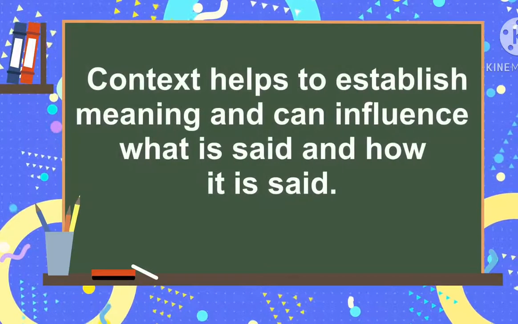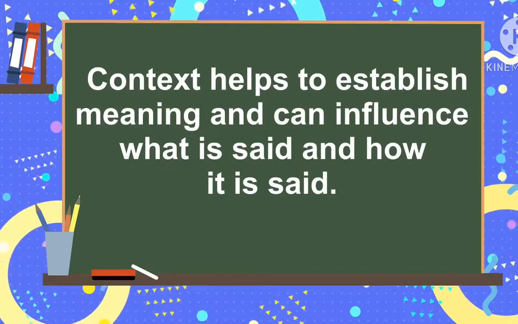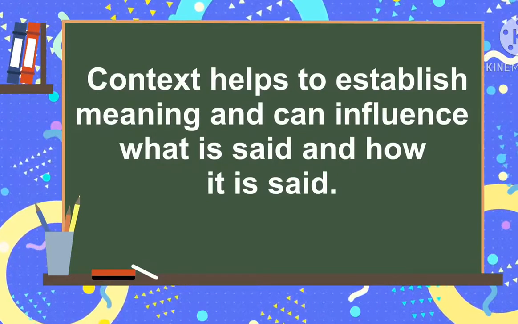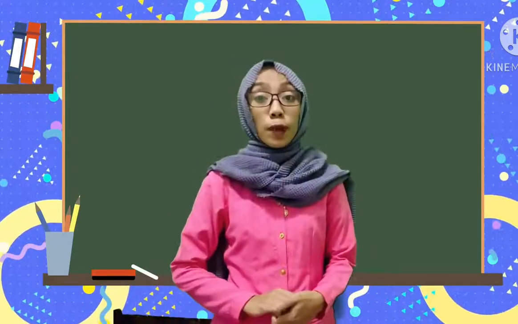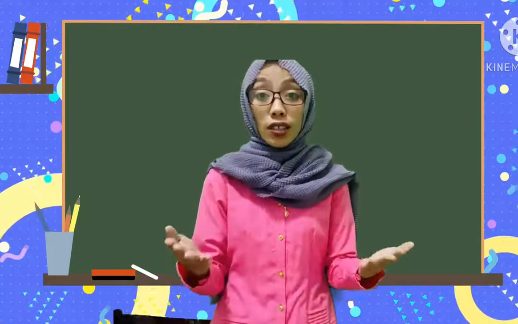Context helps to establish meaning and can influence what is said and how it is said. In other words, speech context helps you communicate appropriately and respond accordingly. Why? Because the meaning of the message sometimes depends on how the message is delivered given the different circumstances.